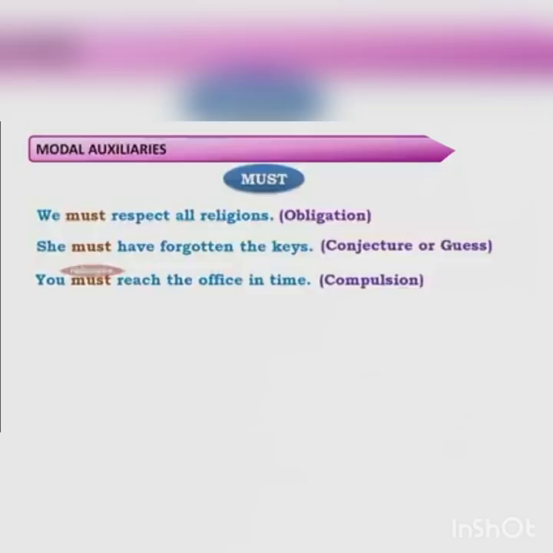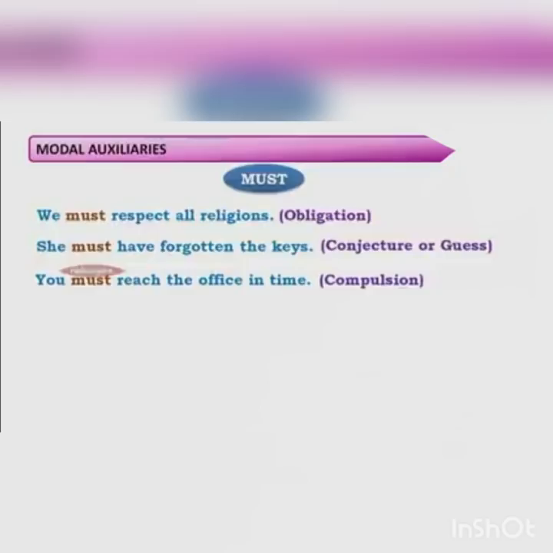Next, she must have forgotten the keys. Students, here as if you are guessing something, this must have happened. So it is a guess. You must reach the office in time. Now students, here it's a compulsion. Command. Compulsory, you must be on time.